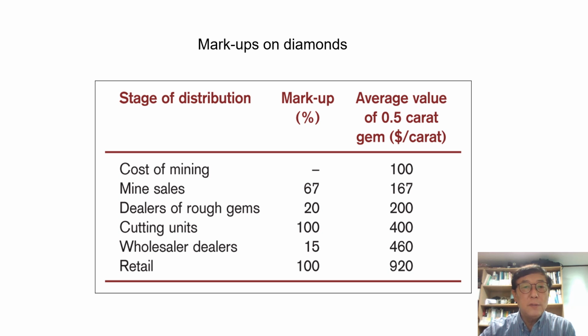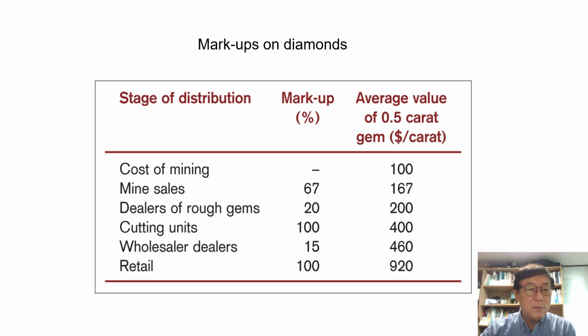That means $67. So they are selling at $167. Dealers of rough gems buy at $167, and then a 20% markup. So 20% of this is 33, right? So 33 makes 200. They are buying at 167, and then selling at 200.